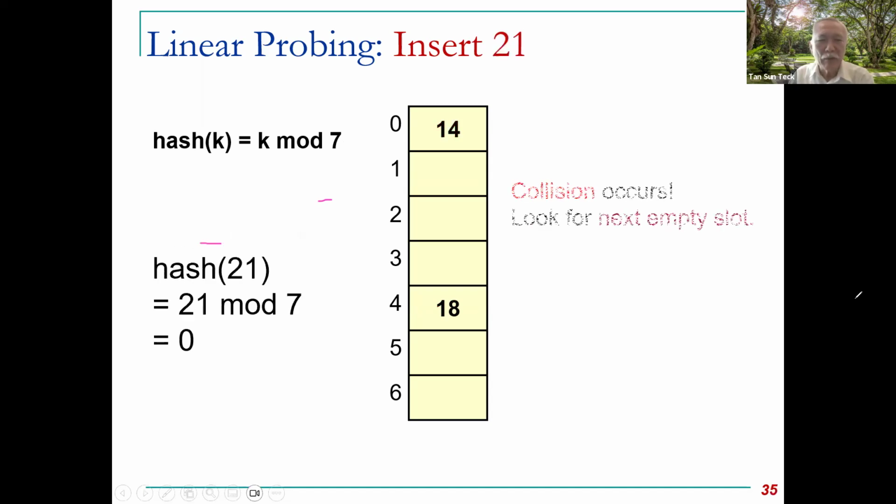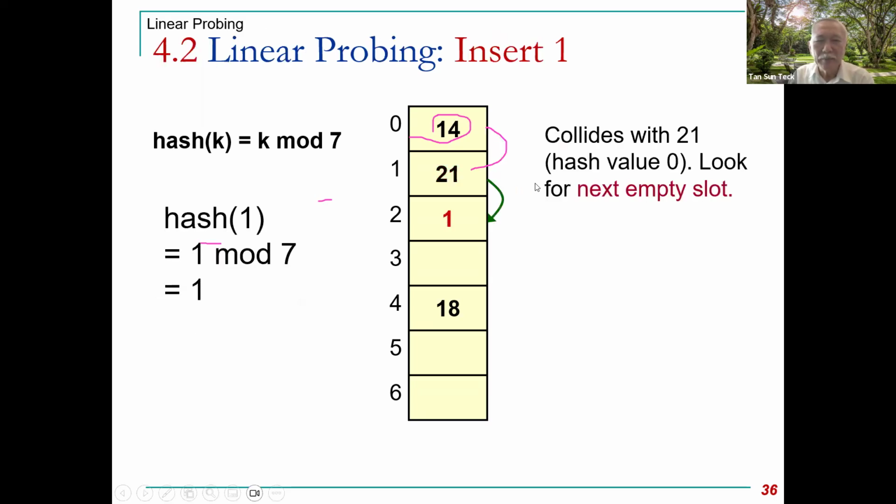Now I want to insert 21. Hash 21 with 7, you get 0 also. We straight away find that the home address of 21 is occupied by 14. So we have to look for the next slot, which is 1. So this is linear: just go down. Therefore, you see that we put 21 in here. Simple.